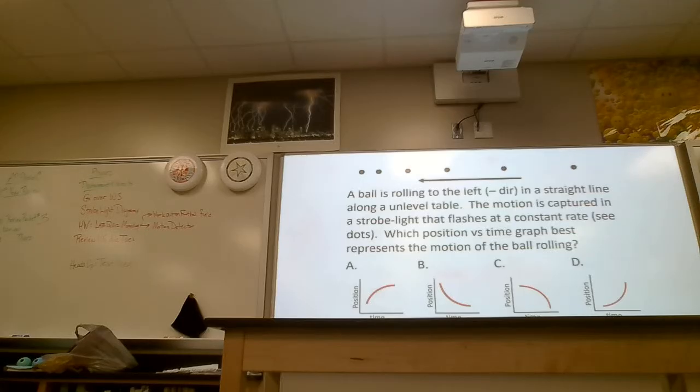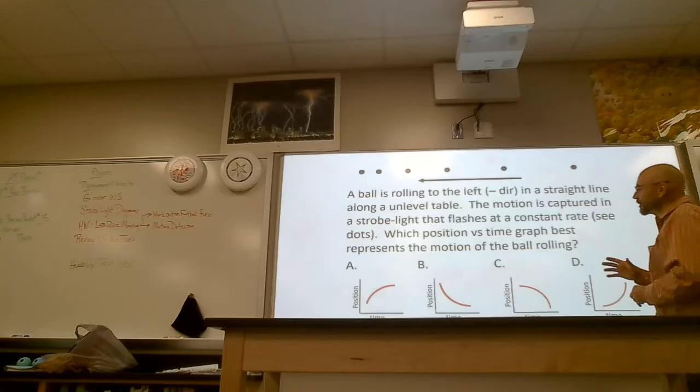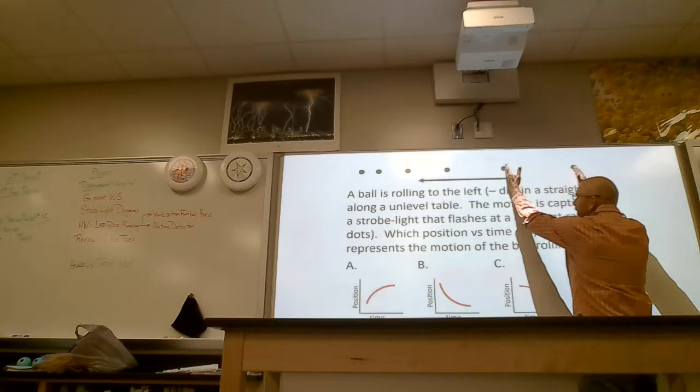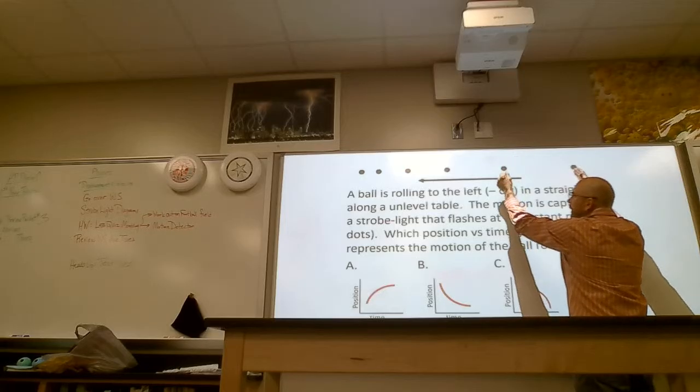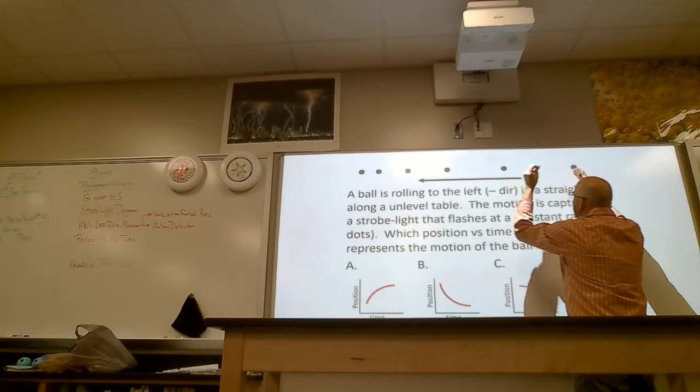Now, I'm going to describe why B is right and why C is wrong, in terms of C is the popular wrong answer. Okay. So B is correct because here this depicts moving fast. You're covering a large distance in this time interval.